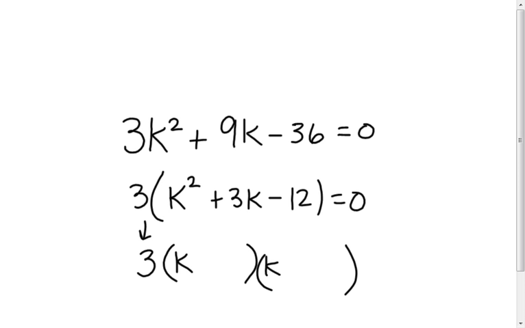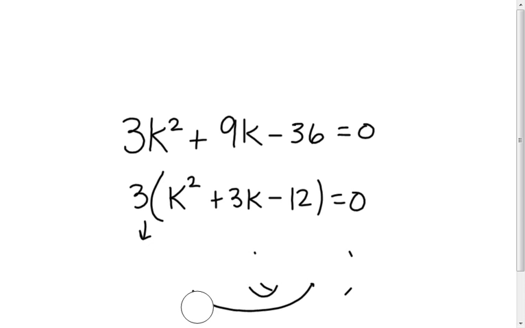If I try 1 and 12, that gives me 11k in the middle. That doesn't work. If I try 3 and 4, 1 plus 1 minus, that gives me negative k, because my outside's negative 4k, my inside's positive 3k. That gives me negative 1k in the middle. So I actually can't factor this.